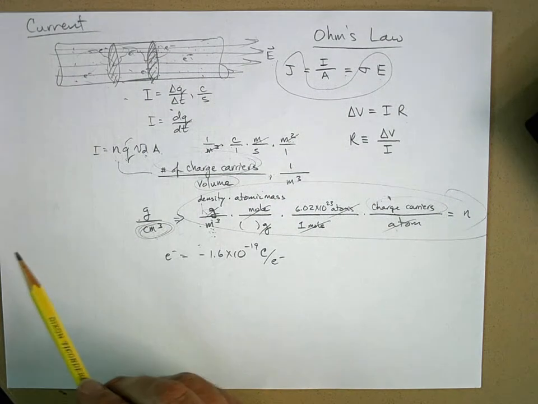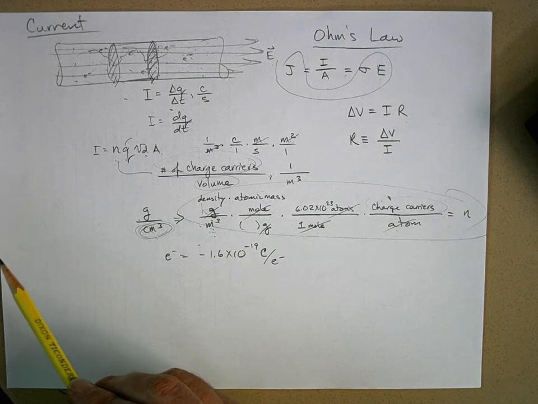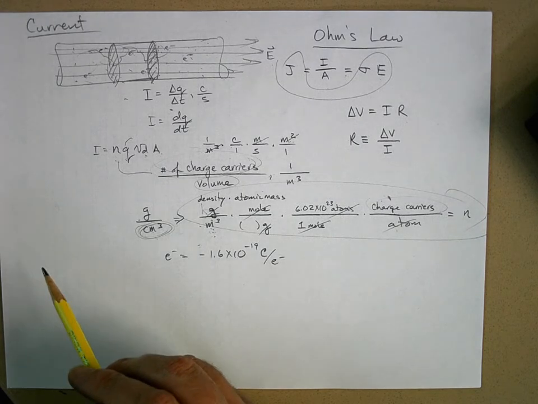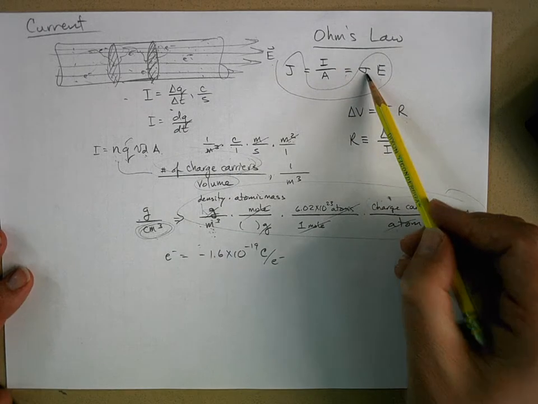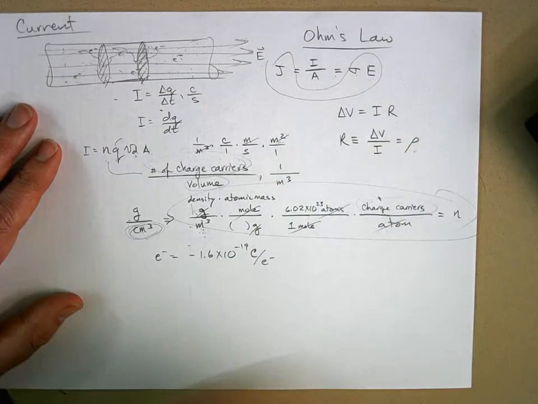But some conductors aren't quite as good, like iron. Iron is really a pretty bad conductor. I mean, it conducts electricity, but it gives off a lot of heat when it does. It has a low conductivity and therefore a high resistivity.